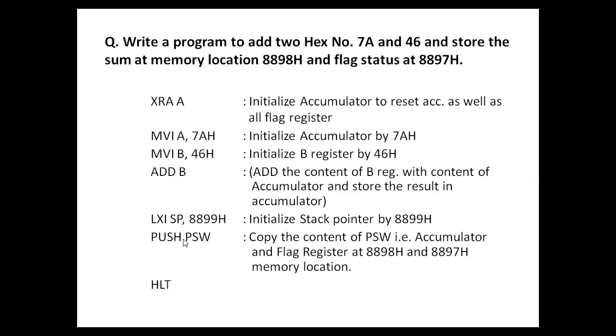First of all, what happens when the push instruction is executed? First, the stack pointer is decremented by 1, so it will become 8898, and the content of the accumulator will be copied at 8898. Again, the stack pointer is decremented by 1, so it will become 8897, and the content of the 8-bit flag register will be copied at 8897.